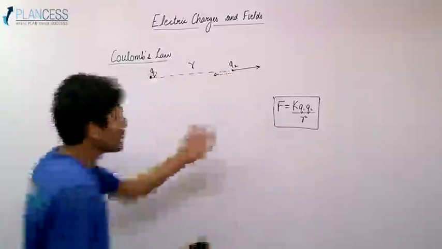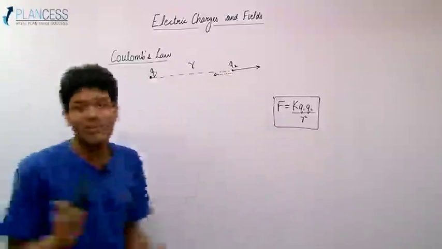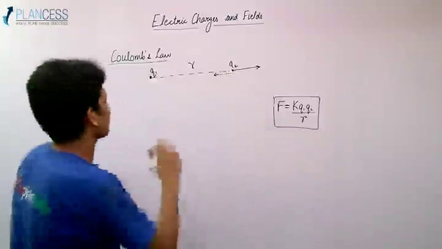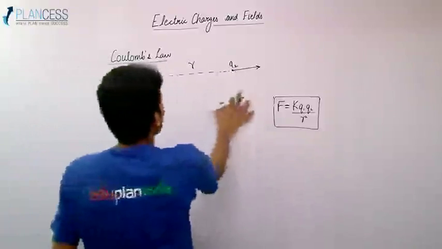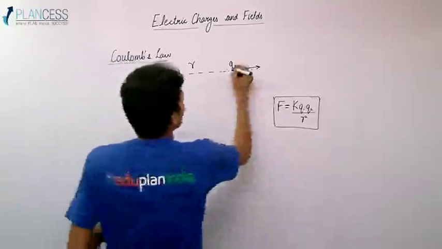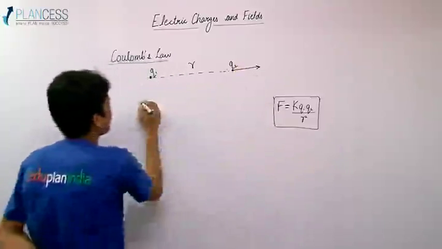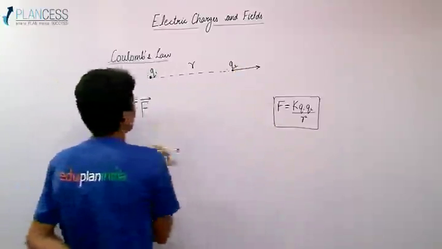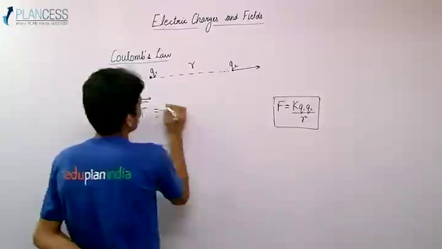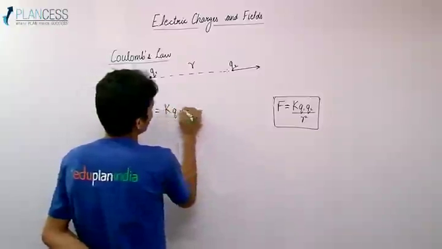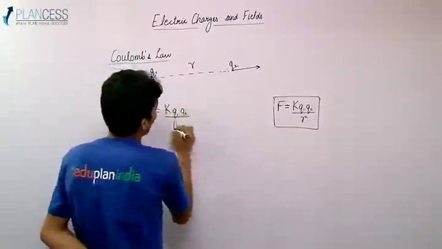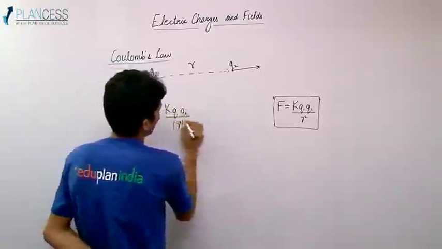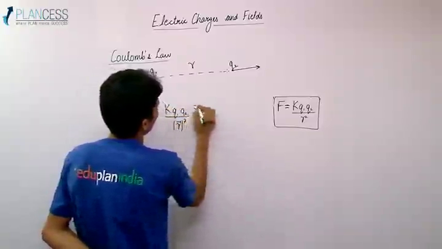So now we know the direction of this force. We know that the force acts along the line joining Q1 and Q2. So if I talk about the force between these two charges, I can write the force as K Q1 Q2 by mod R vector cube into R vector.